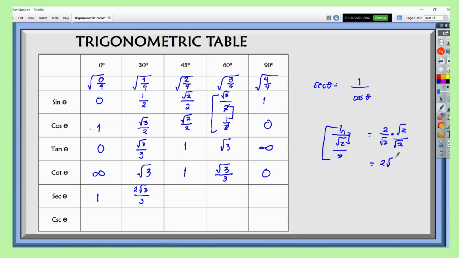We have 2 square root of 2 over 2. That will cancel out. And the answer there is square root of 2. Next, we have secant 60 degrees. 1 over our cosine is 1/2. Multiply this. That will be 2 over 1. Thus, we have 2.